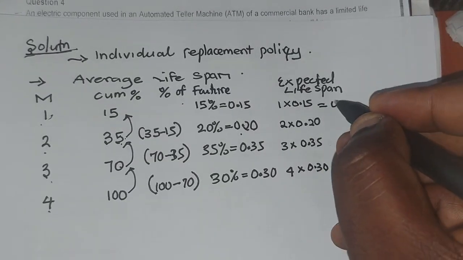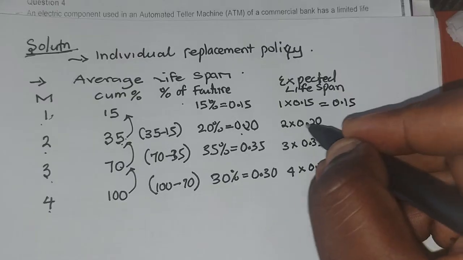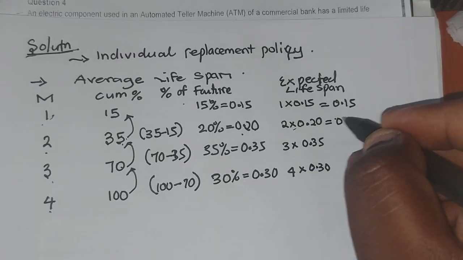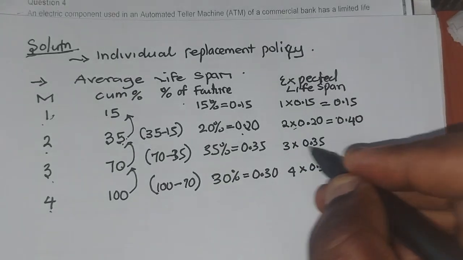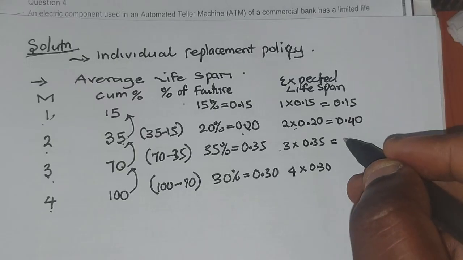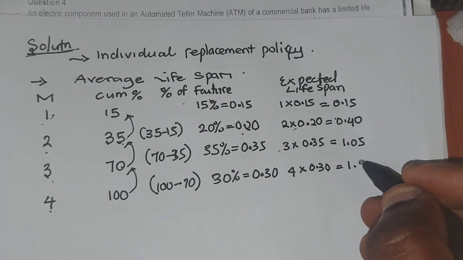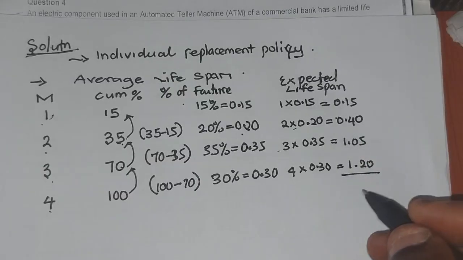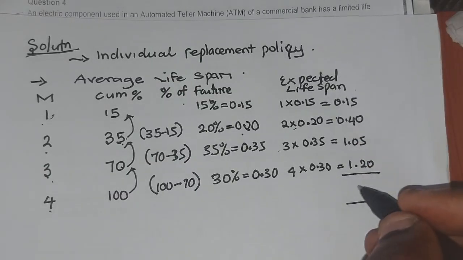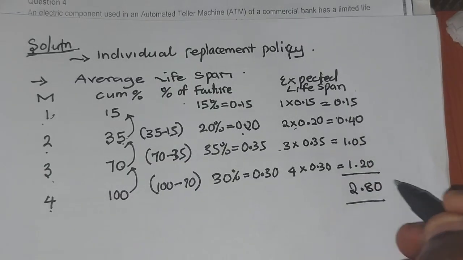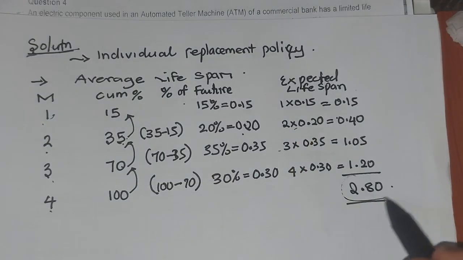This will give you 0.15, 0.40, 1.05, and 1.20. Then the addition of this will give you 2.80. So this is the expected lifespan.